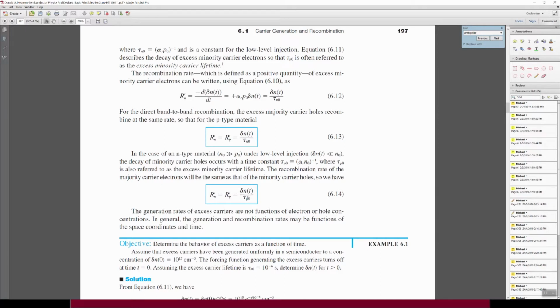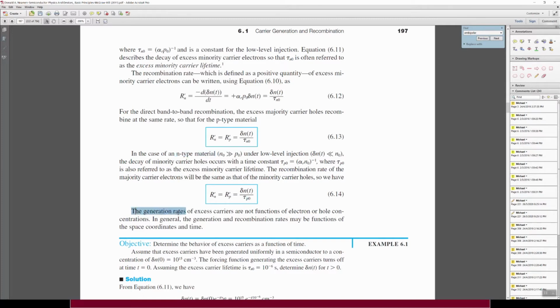That's the only thing that changed. For p-type, you use tau n0. For n-type, you use tau p0. And what is tau p0? Excess minority carrier lifetime. For an n-type material, the majority is electron. Who is the minority? Minority is hole, so use p here.